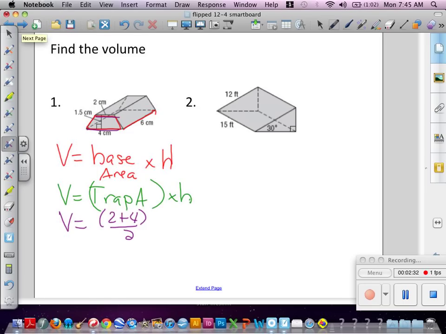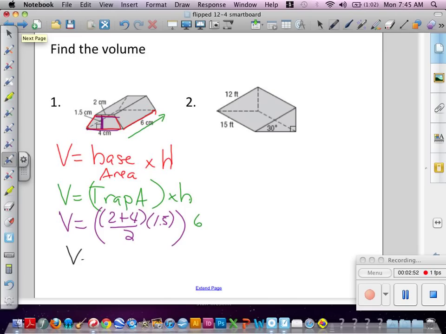I'm going to divide that by 2, and then I'm going to multiply by the height of the trapezoid, which is 1.5. And then I'm going to multiply that by the height of the prism, and the height of the prism is 6.